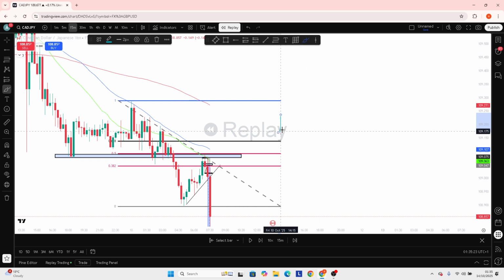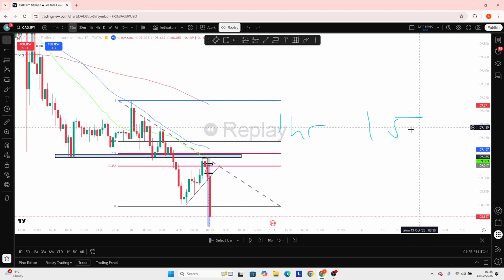So if my setup's on a 1 hour time frame, the 15-minute or the 5-minute can be my entry. If I'm using the 4 hour time frame, the 1 hour or the 15-minute can be my entry. If I'm using the 15 or 30-minute time frame, the 5-minute or the 1 minute can be my entry. Stuff like that.